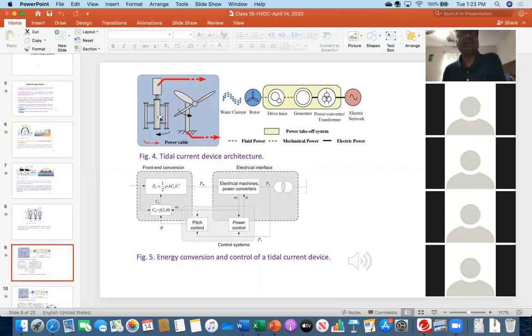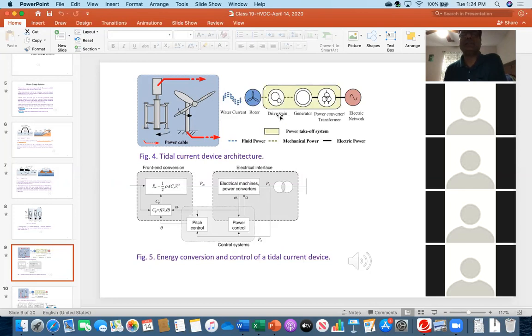So you see this turbine structure is typically placed inside the sea. And once there is a current, the tidal current, those blades or parts move. Consequently, that captures energy. And you see in this flow diagram that the water current is hitting the blade, and then there is the rotor, and the rotor shaft moves.